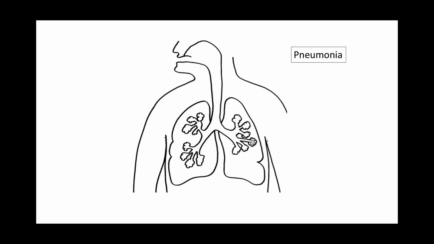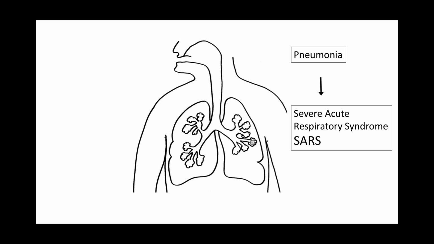Continuing cell injury and damage to surfactant, which is a chemical that gives the lungs their elasticity, causes a condition called severe acute respiratory syndrome, or SARS. It is at this point that the patient will need a ventilator. The ventilator makes the lungs fill up at pressure, overcoming that loss in elasticity.